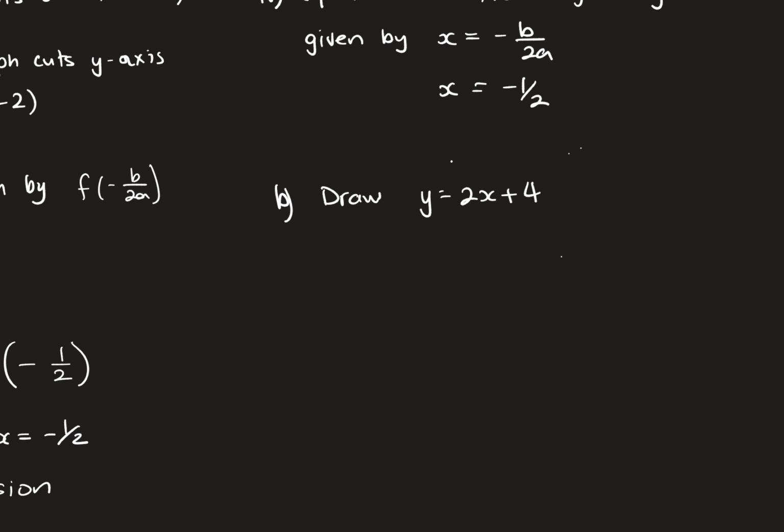So, for example, when x is equal to 0, what happens here? We have y is equal to 2 times 0 plus 4. y is equal to 4. So the point 0, 4 is one of the points on the line.